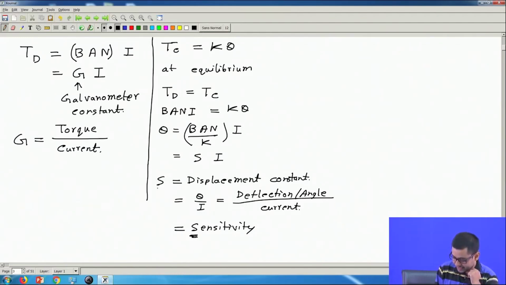So, S is a measure of how sensitive that meter is. The more the sensitivity, the more easily we can measure smaller current. So, this is what we call sensitivity, which is nothing but the deflection per unit current. This is the definition of sensitivity. This you should know.